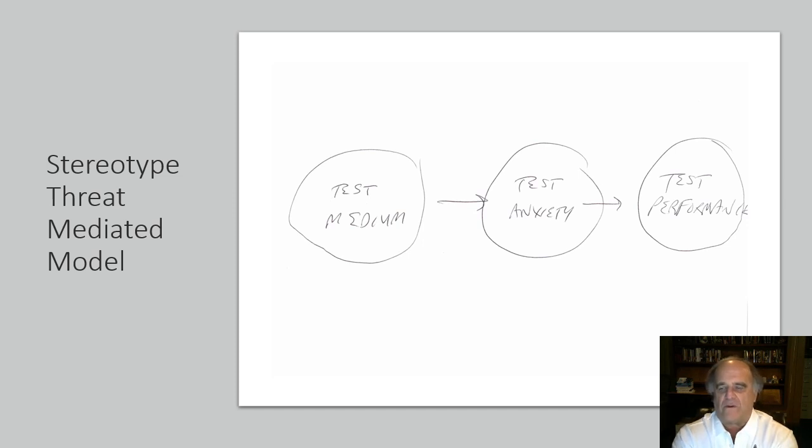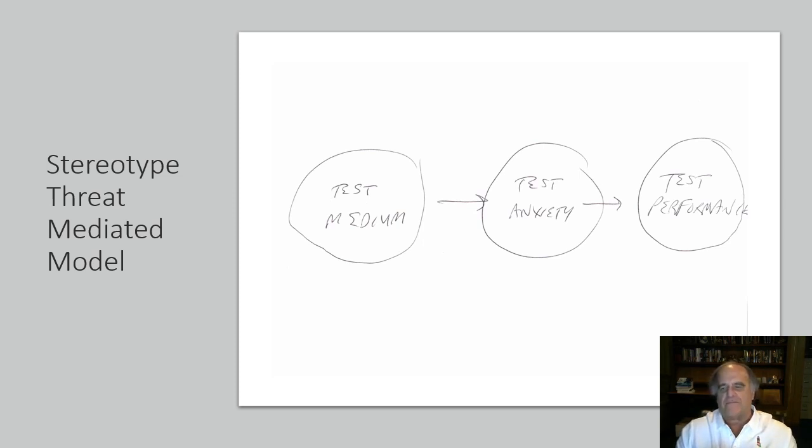So here's one typical mediation model. It's one of the areas of psychology where there's really a lack of theory. There's a theory called stereotype threat. If you're familiar with the theory, it argues that minorities often underperform on tests because they feel that taking the test is a challenge to their group.